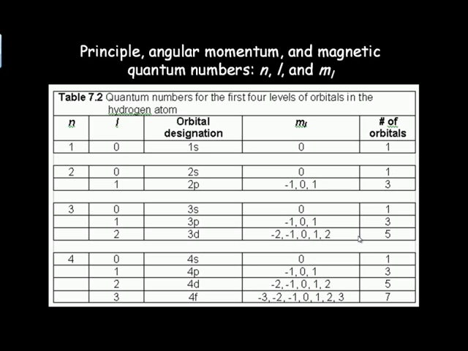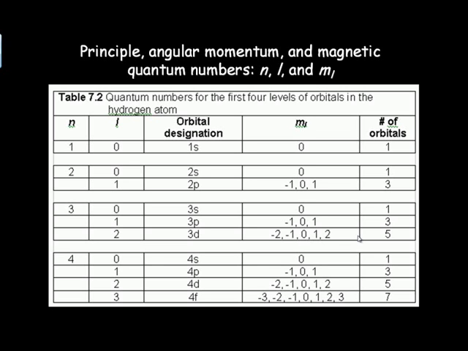So you have one orbital. When you drop down then to the 3p, that's where L is equal to 1, and m sub L equals negative L to positive L with 0 in between. So negative 1, 0, positive 1. So you have 3 places for electrons, 3 orbitals, 2 electrons in each. Total number of electrons then would be 6 in the p sublevel.